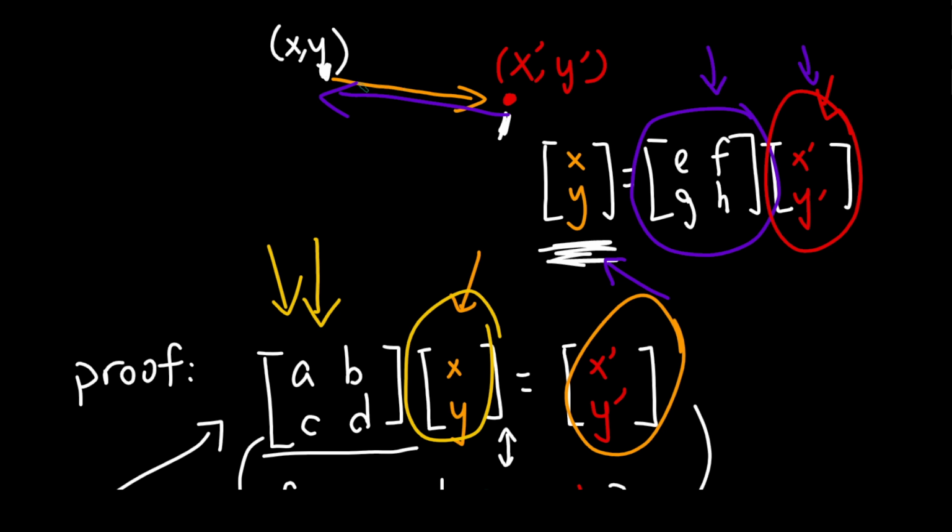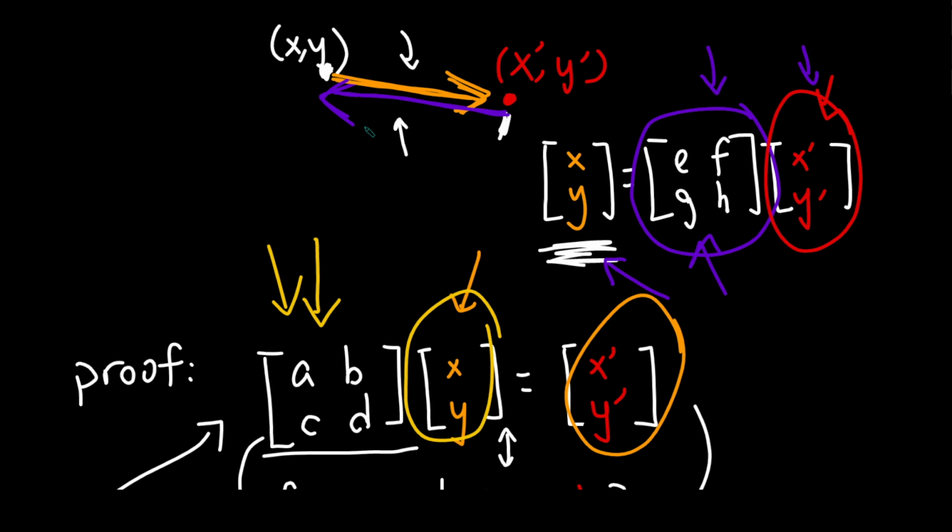So what happens if we start from xy, multiply by our orange matrix, which sends the point by this orange arrow, and then multiply by EFGH, which sends it back by the purple arrow? I took a step forward and then a step back, which means I didn't move at all. That's why EFGH and ABCD are inverses, because they undo each other's actions. The purple arrow and the orange arrow undo each other.